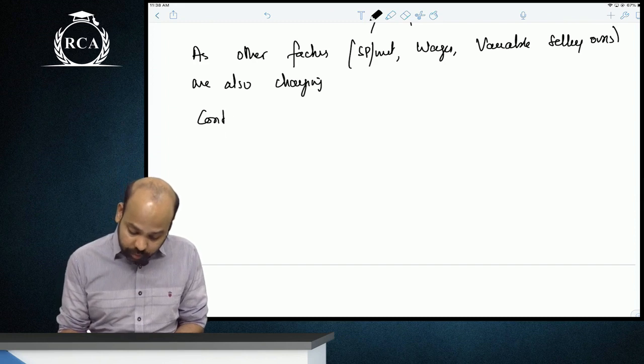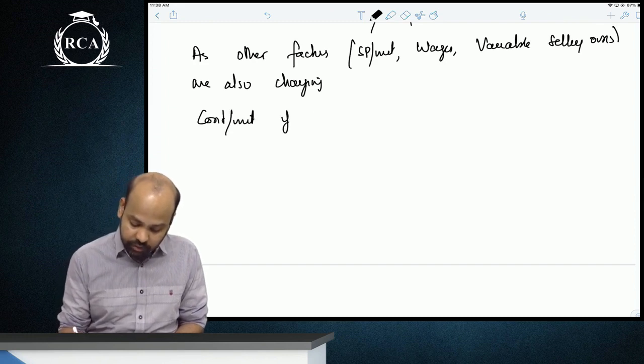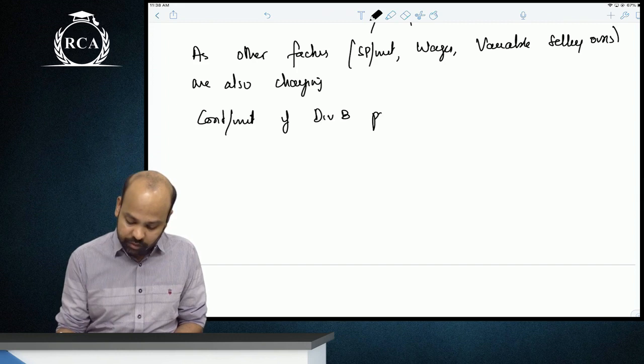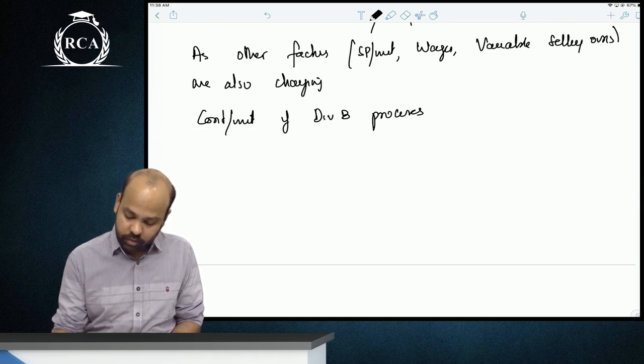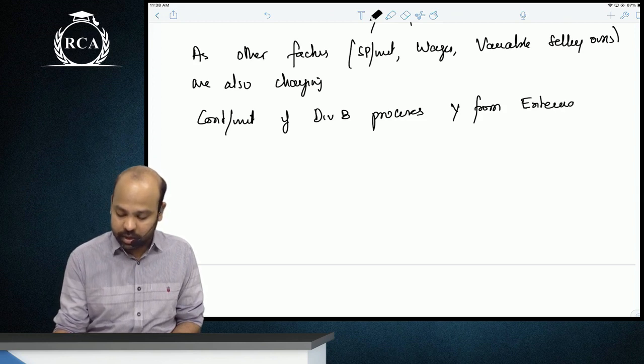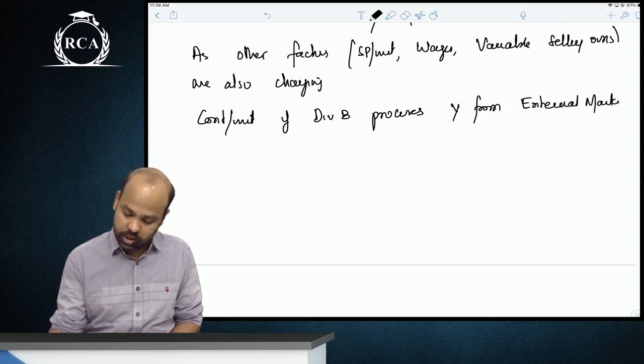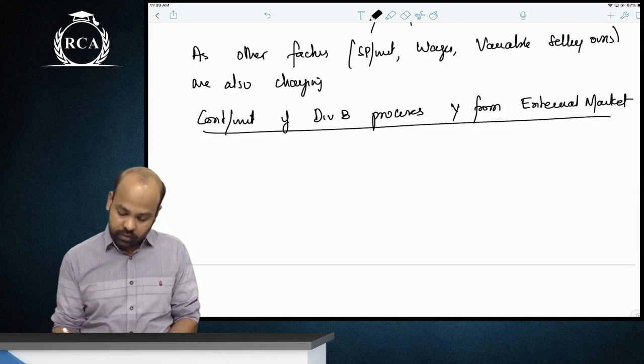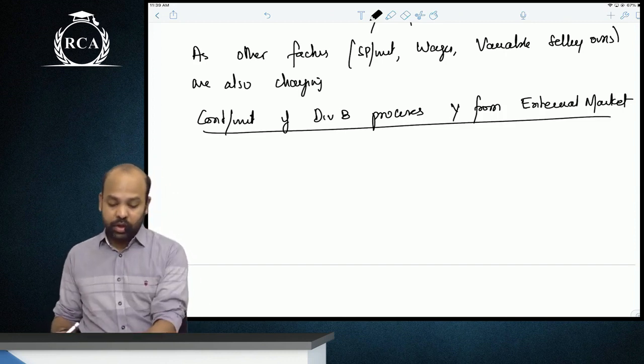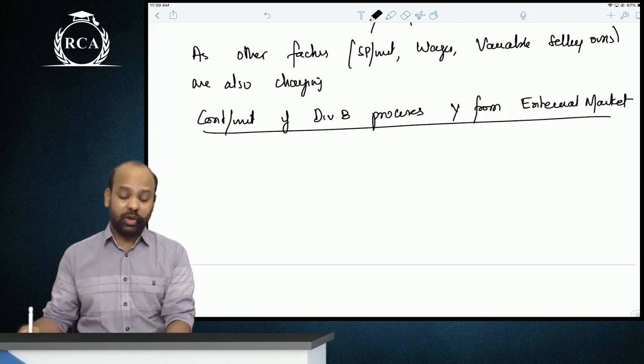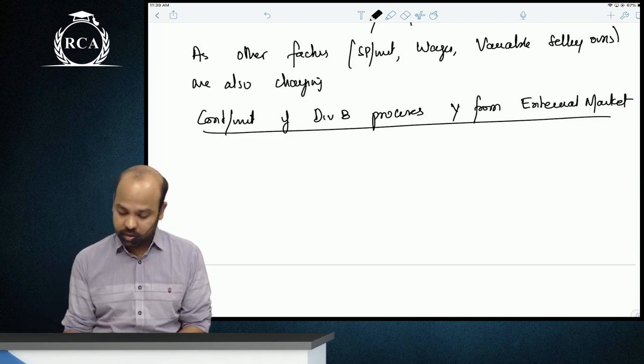So what is the contribution per unit if division B procures product Y from the external market? Sir, for them the selling price per unit is 1100 rupees.